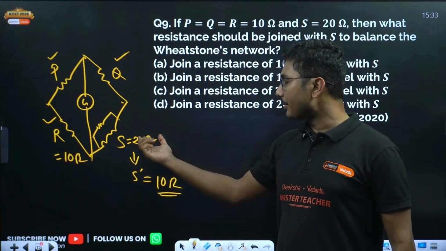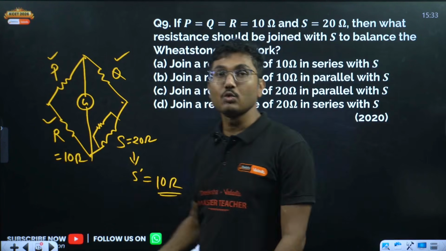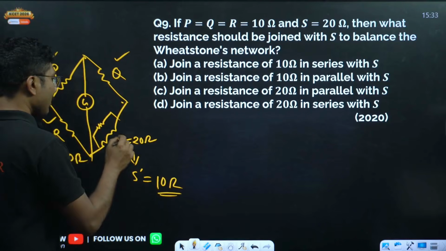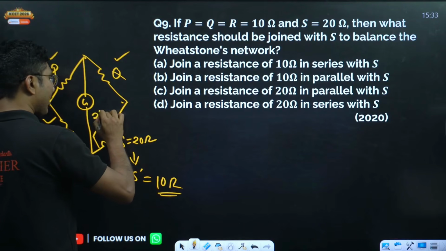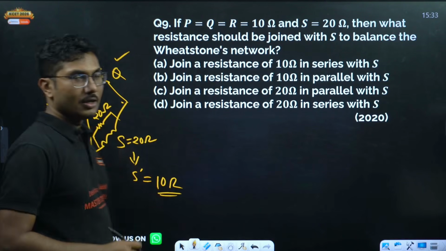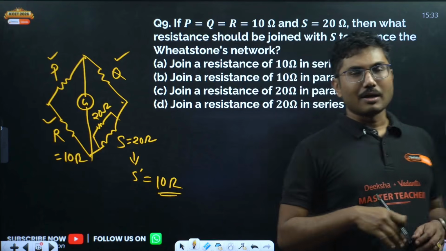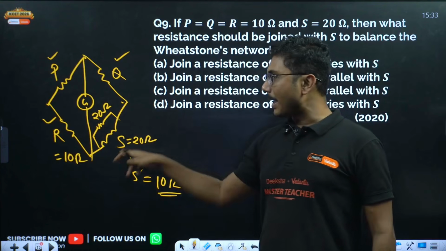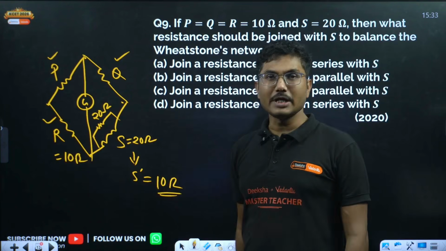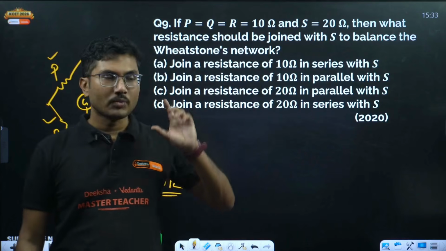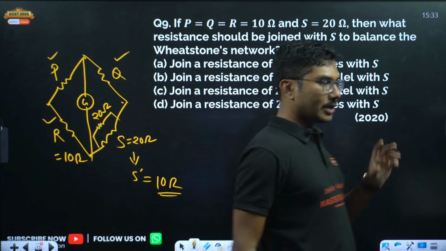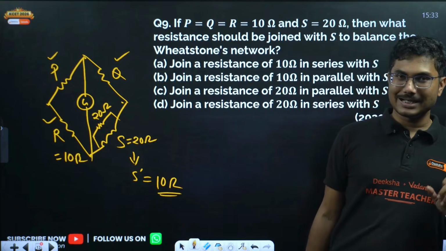So the resistance is dropping to half. That means we have to connect the same 20 ohm resistance in parallel, so that when they are added in parallel, the resistance is half of it. Remember that. If we want to decrease resistance, we must connect in parallel.